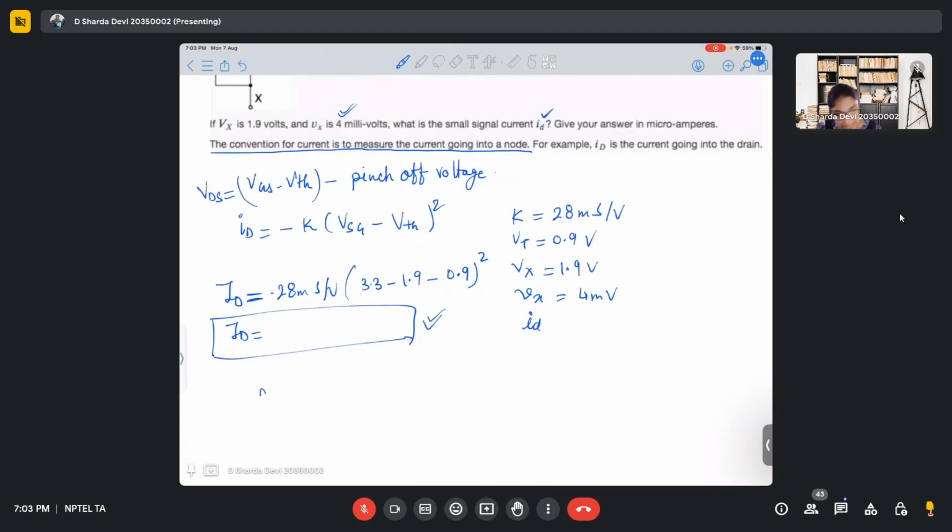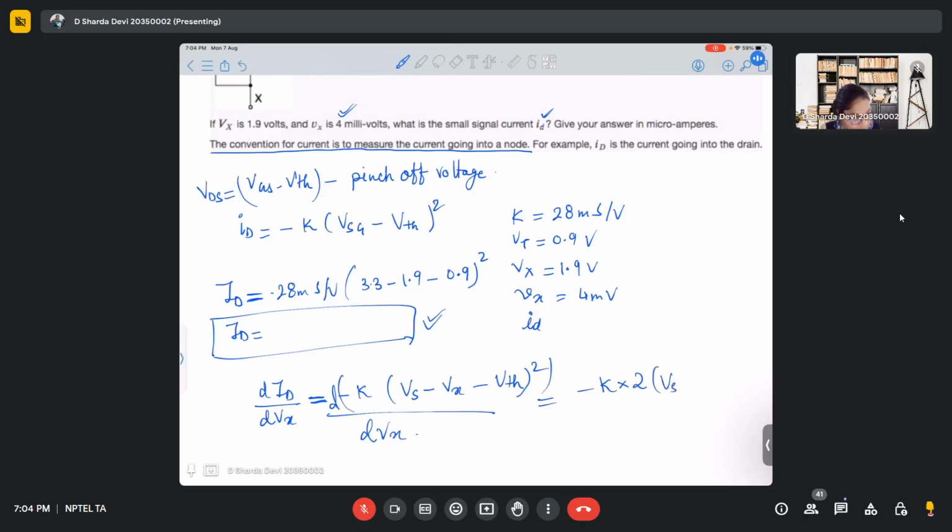It is dID by dVx, which is d upon dVx of minus k (Vs minus Vx minus Vth) whole square. We'll get minus k into 2 (Vs minus Vx minus Vth), right?